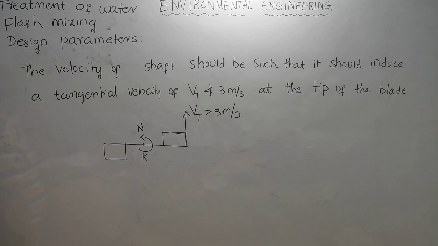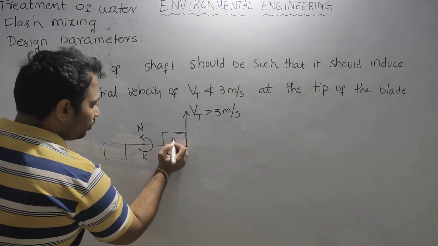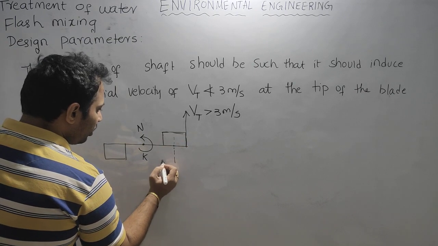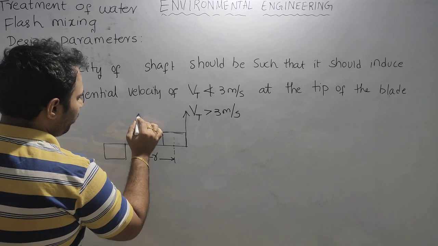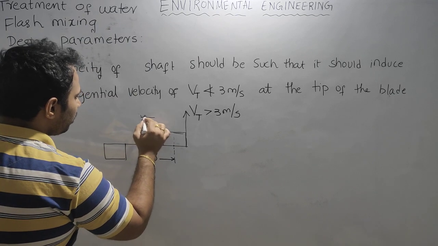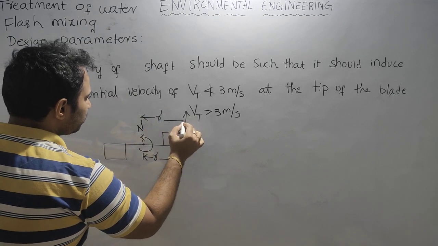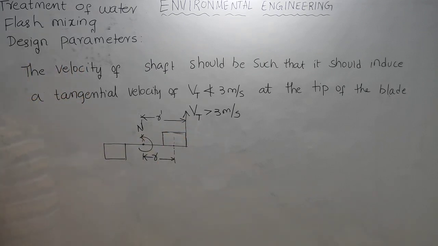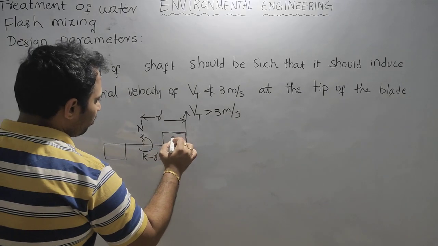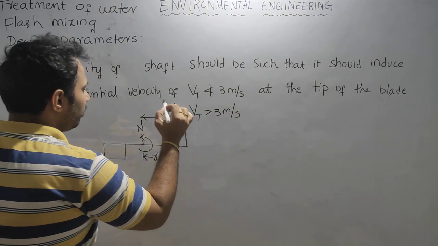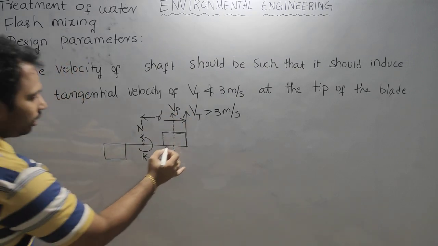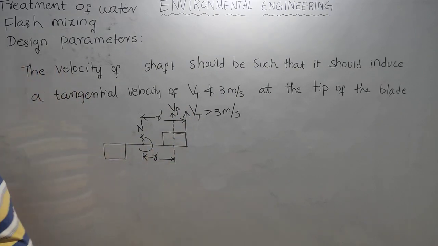Let us take this as r, the distance to the center of the paddle. From here to the outer edge, let us take this as R dash. And let the paddle velocity at the center be Vp.